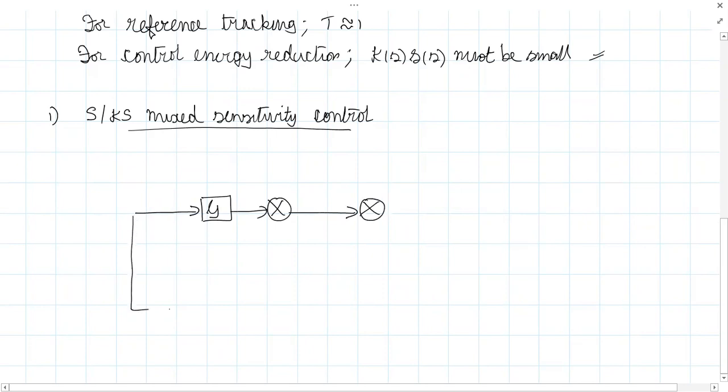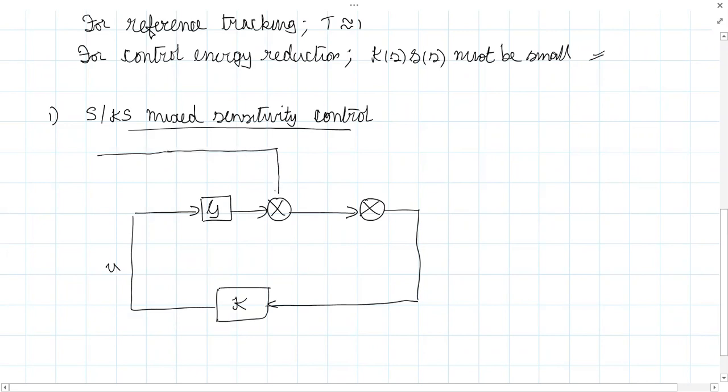This is K. And this is Y. This is U. Then here a disturbance D is entering at a positive point. This is our output Y. Here the reference input is 0. This is basically a regulation problem.